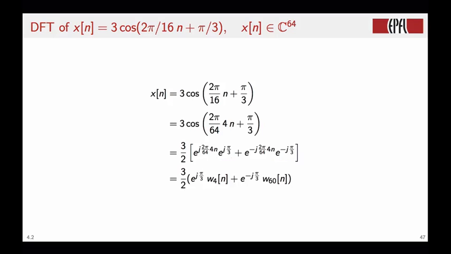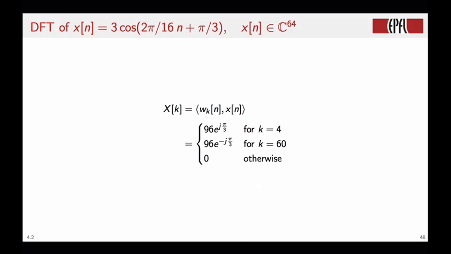and we obtain that our signal is simply 3 over 2 times the sum of basis vector number 4 multiplied by e to the j pi over 3 plus basis vector number 60 multiplied by e to the minus j pi over 3.